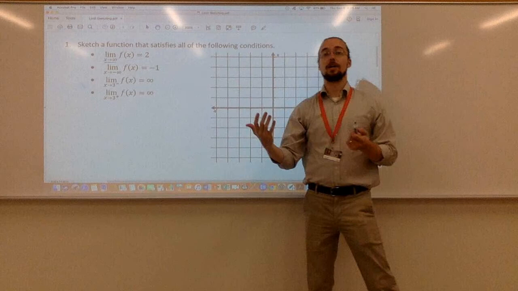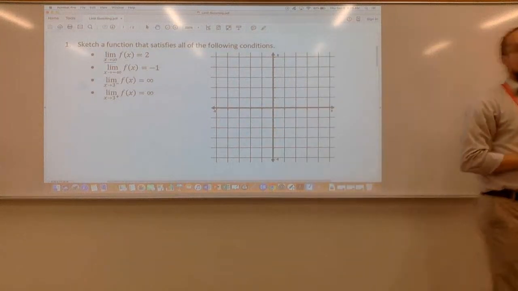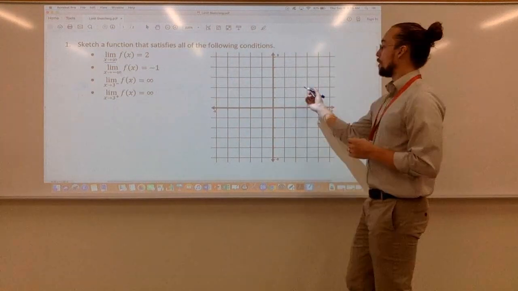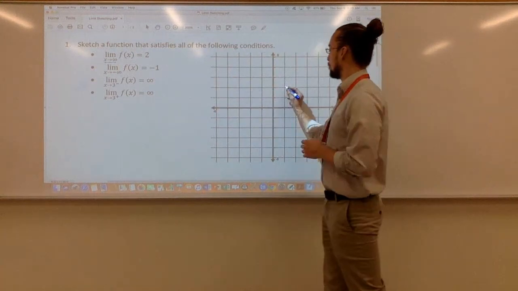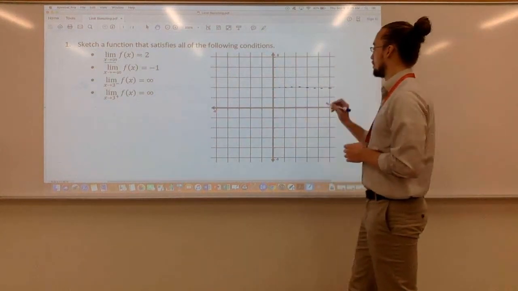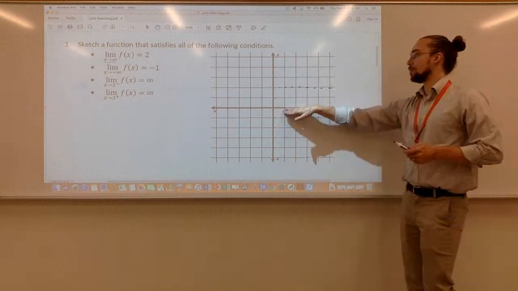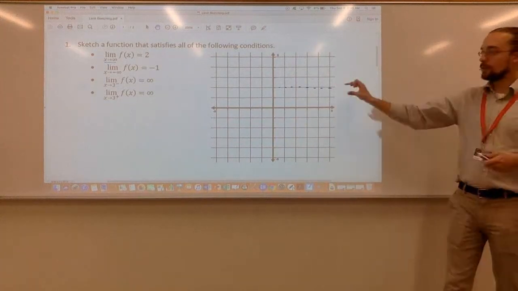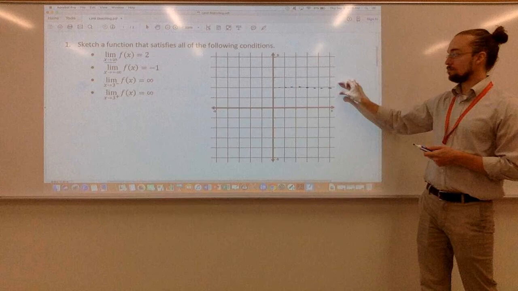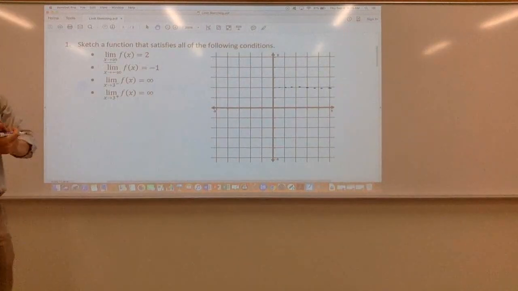So that means we're going to have a horizontal asymptote at 2. I don't know yet if that's going to be coming from above or below, but I do know that this tells me I'm going to have a horizontal asymptote at 2.